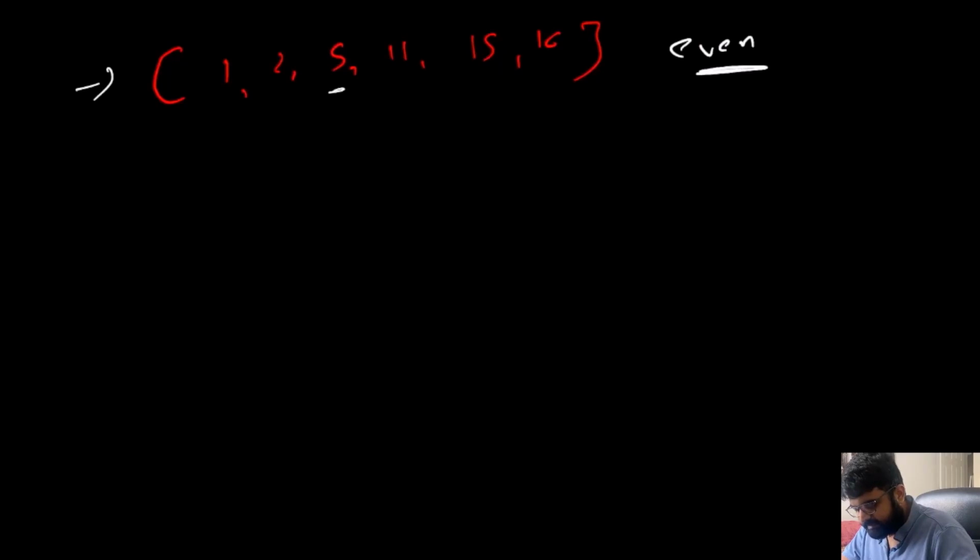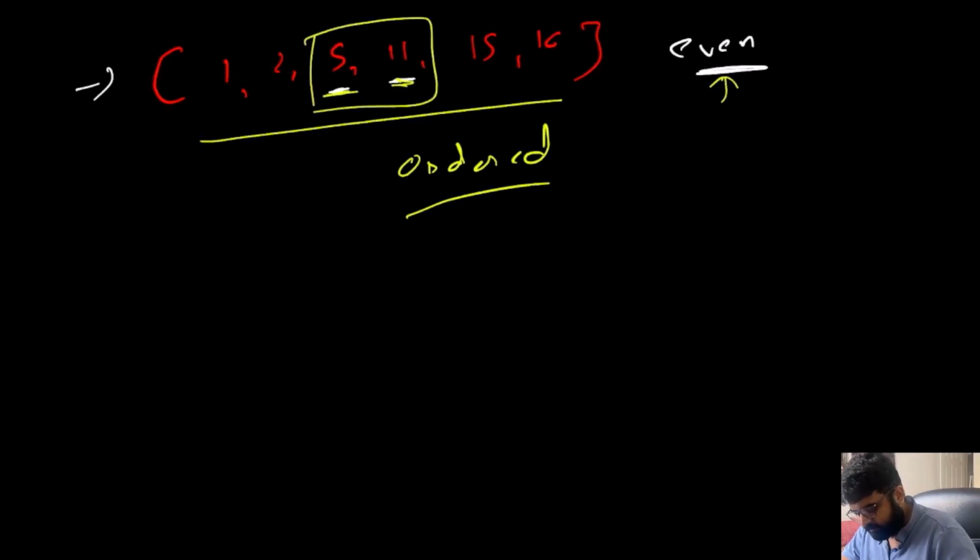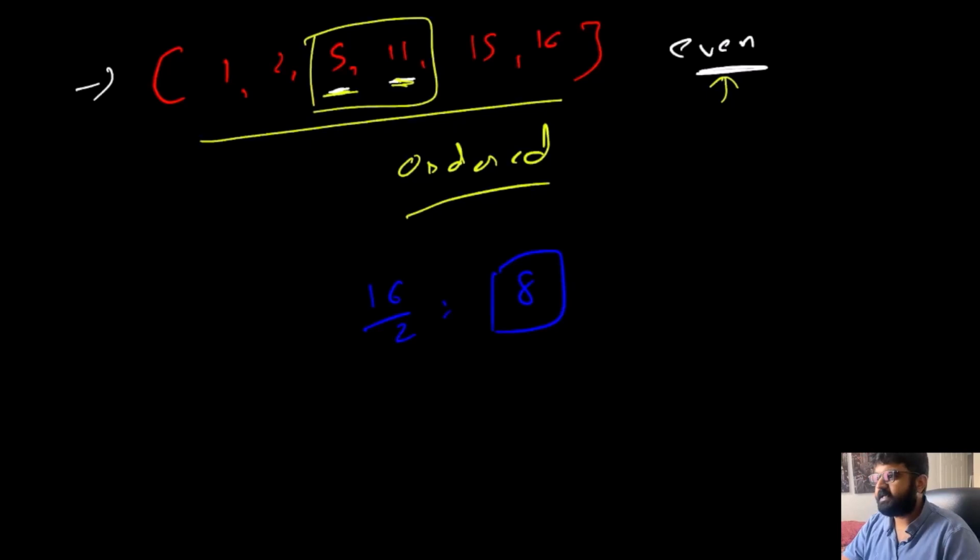We are seeing two middle values in this case. And notice that I have already set this in order, so we are going step by step. So first, this is an ordered list, it is an even list, and it has two middle values. So in this case, the median is going to be the average of these two values, which turns out to be 5 plus 11, 16, divided by 2. So the answer is going to be 8 in this case.